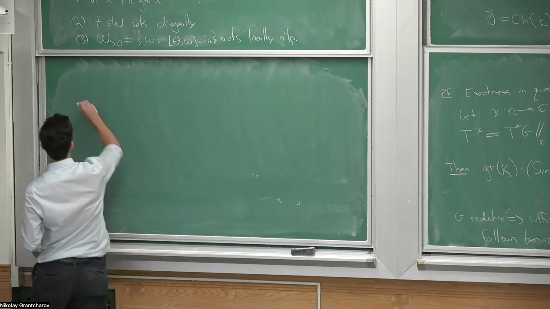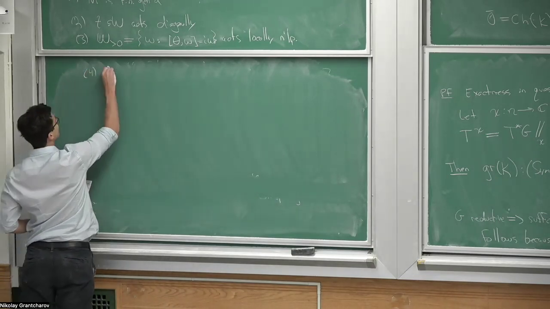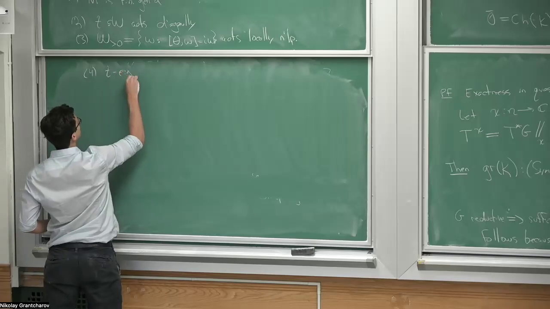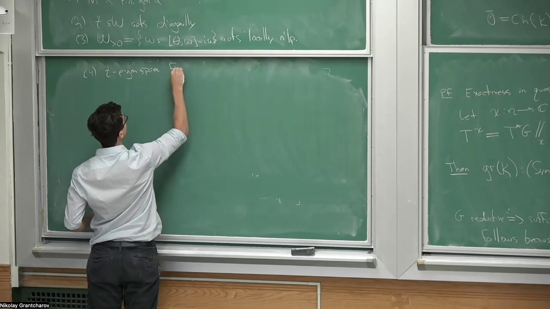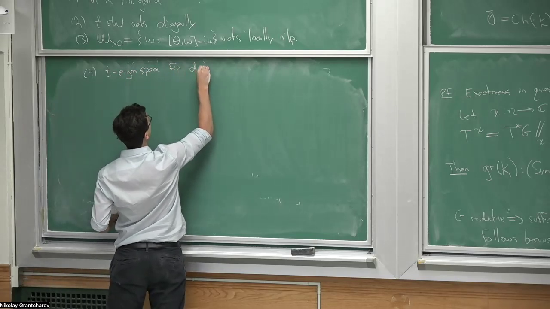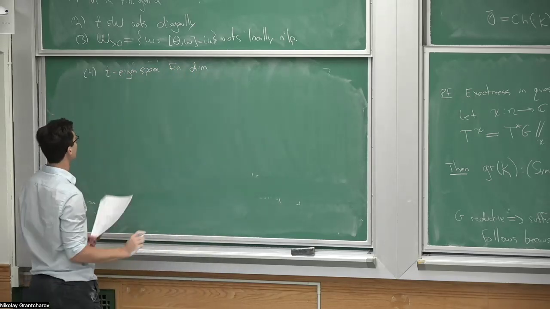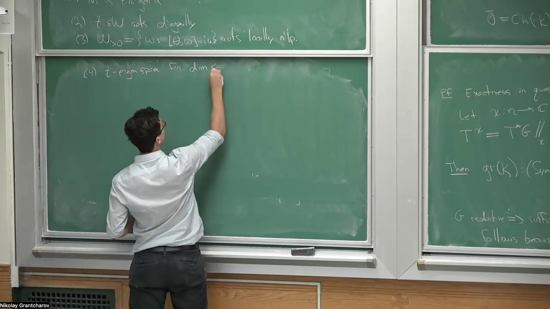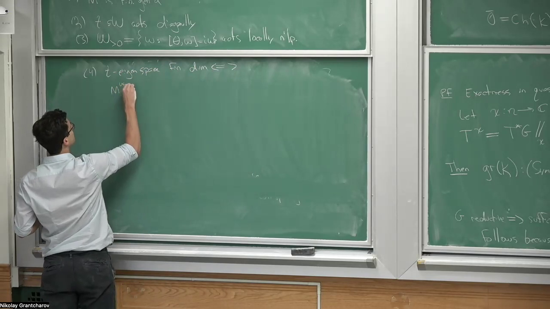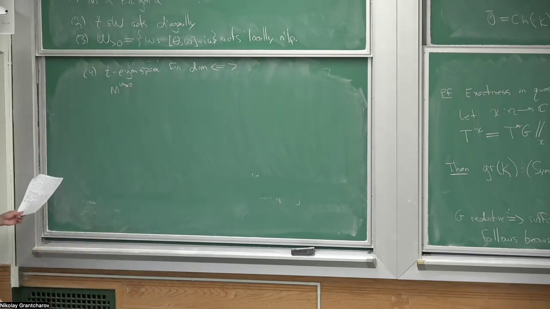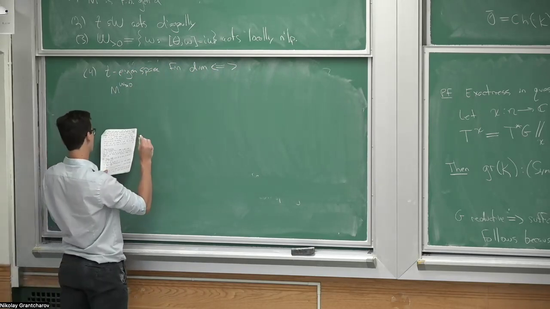Is that the T eigenspaces are finite dimensional. Or equivalently, the fixed points under this W bigger than 0 part is finite dimensional.